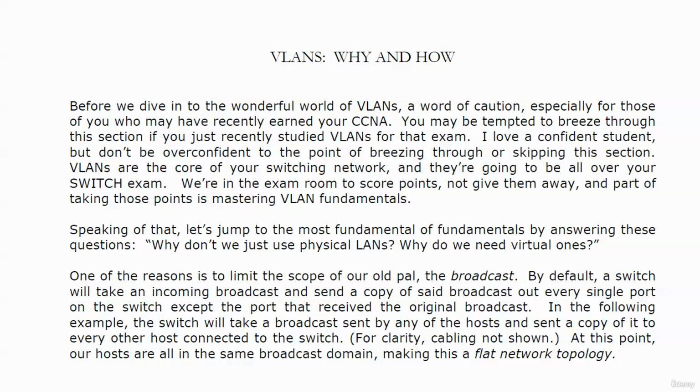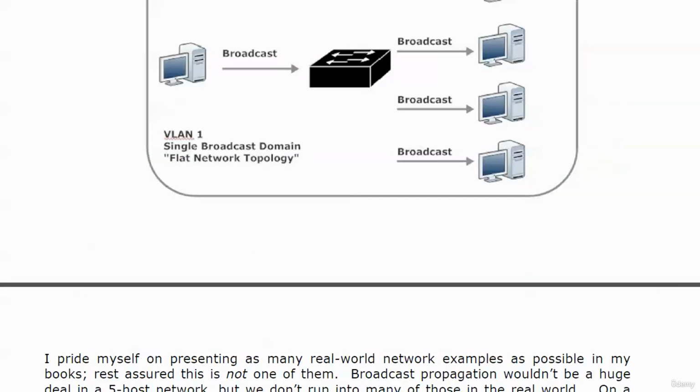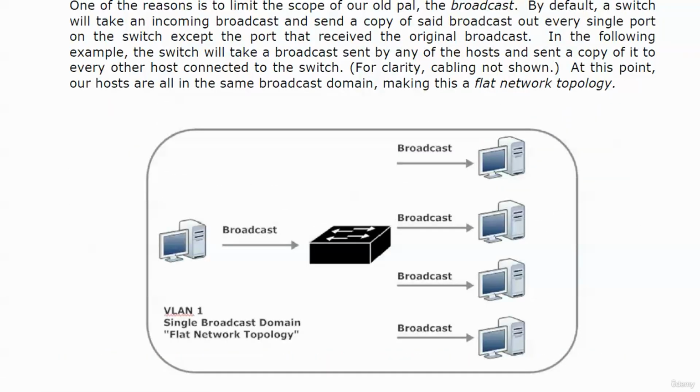Now, in the example I'm going to show you in a moment, the switch is going to take a broadcast sent by any of the hosts and it'll send a copy of it to every other host connected to the switch. For clarity, I'm not going to show the cables here, but at this point, our hosts are all in one broadcast domain, and this is what we call a flat network topology.